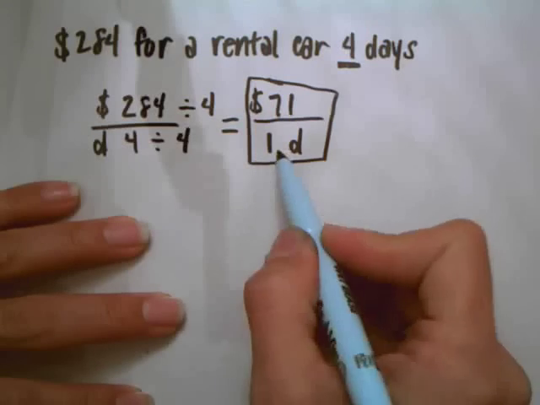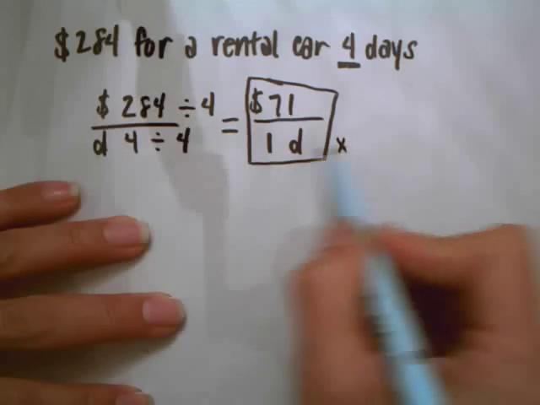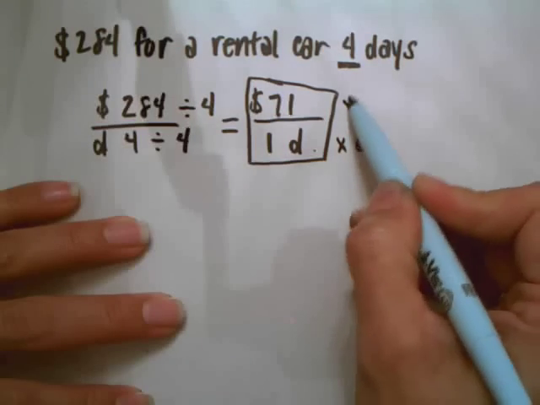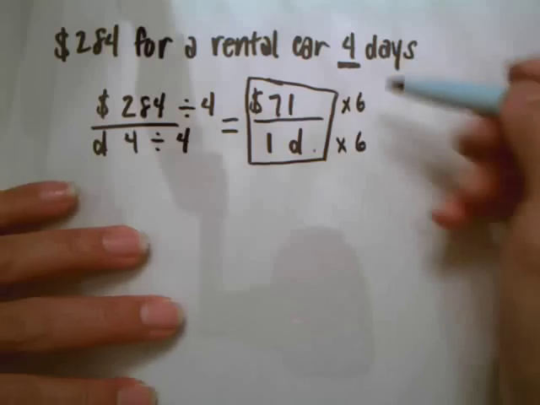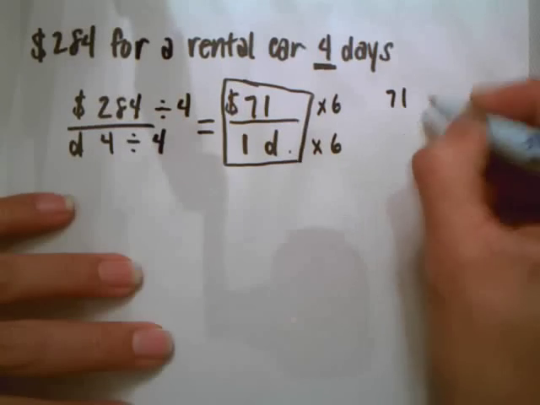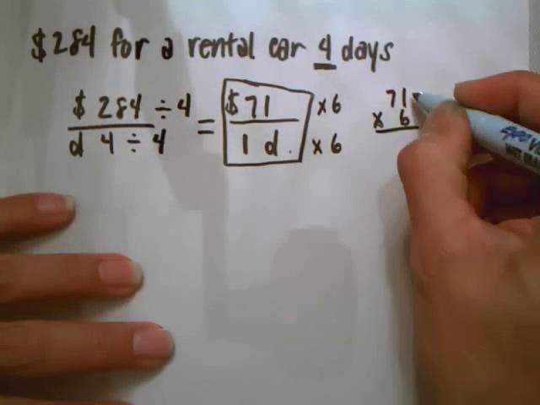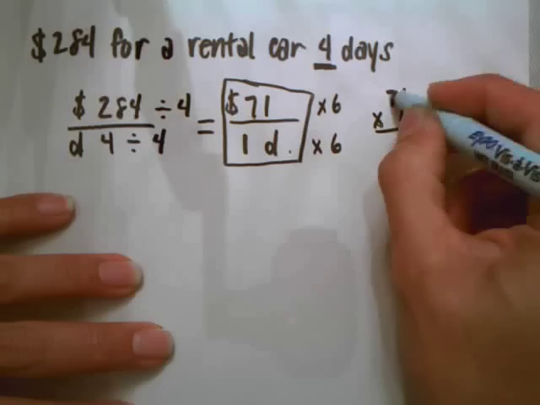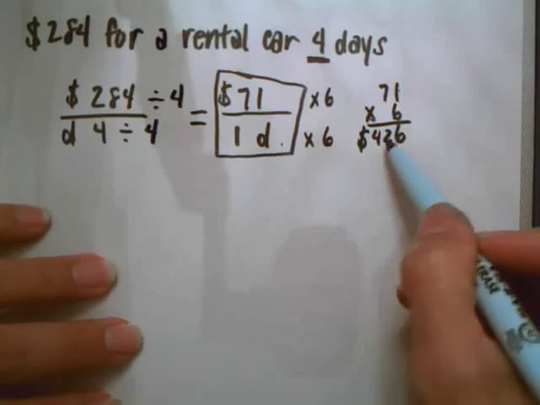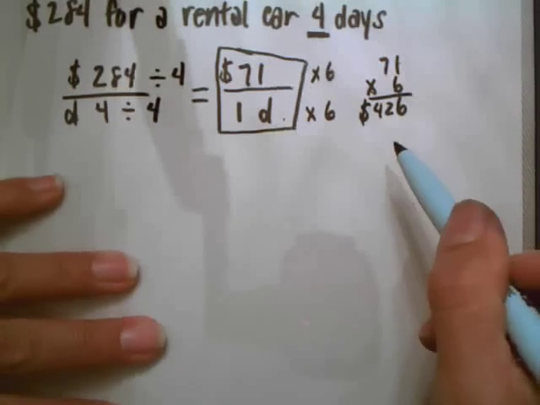Well, all I'm going to have to do is multiply this, because 1 times 6 is going to give me 6 days. I'm going to multiply this by 6. 1 times 6 is 6. 6 times 7 is 42. $426 for 6 days.